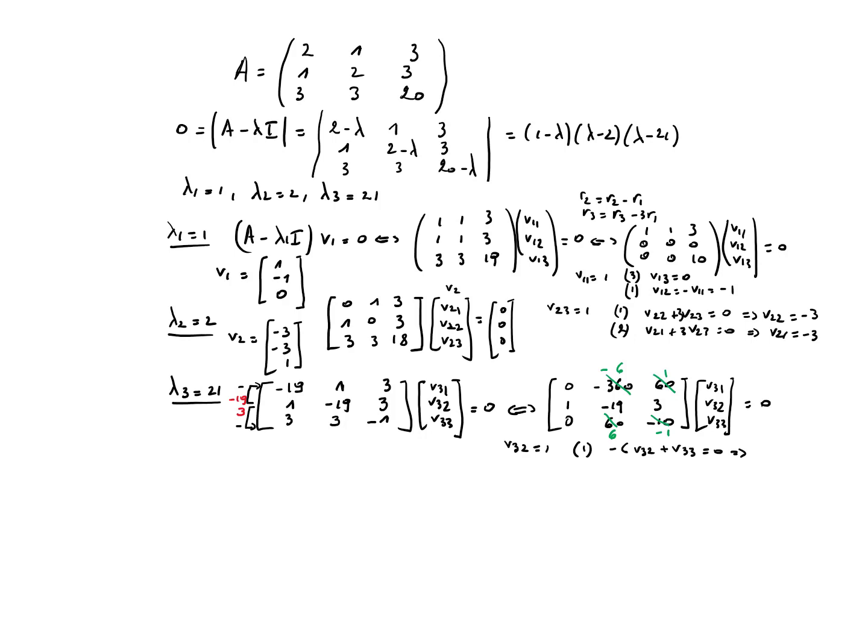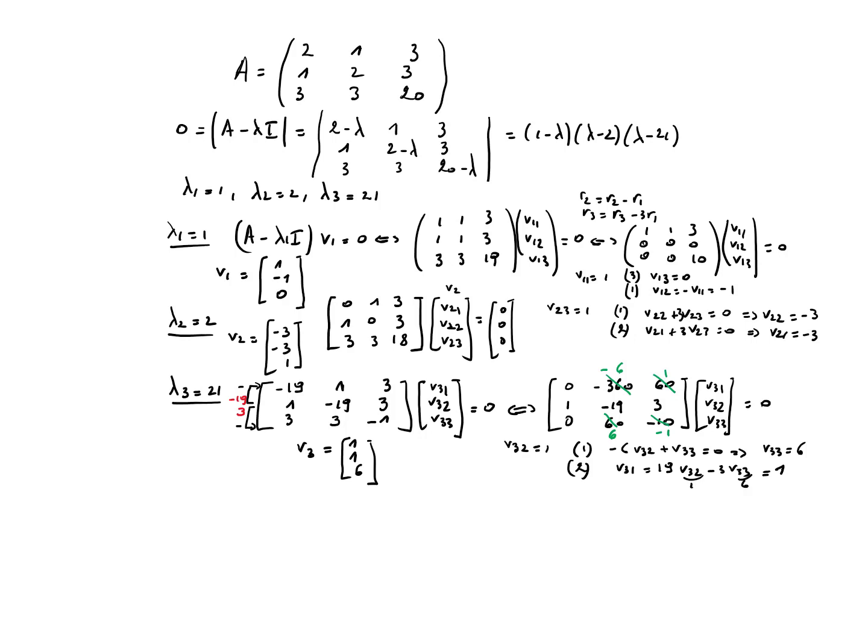So v33 is equal to 6, and we'll take the second equation, and v31 will be 19 times v32 minus 3 times v33. This is a 1 over here, this is a 6, so this will lead to 1. So v3 is equal to, well, 1, 1, and 6 over here.